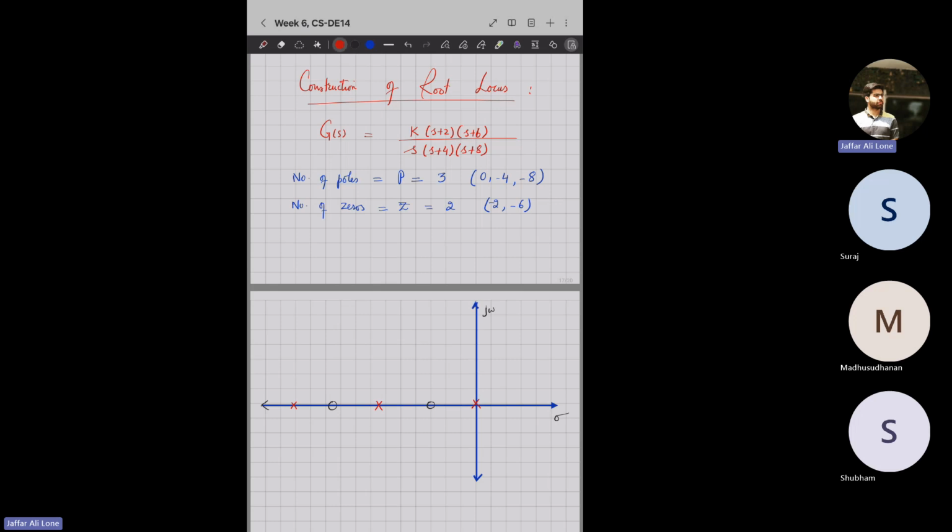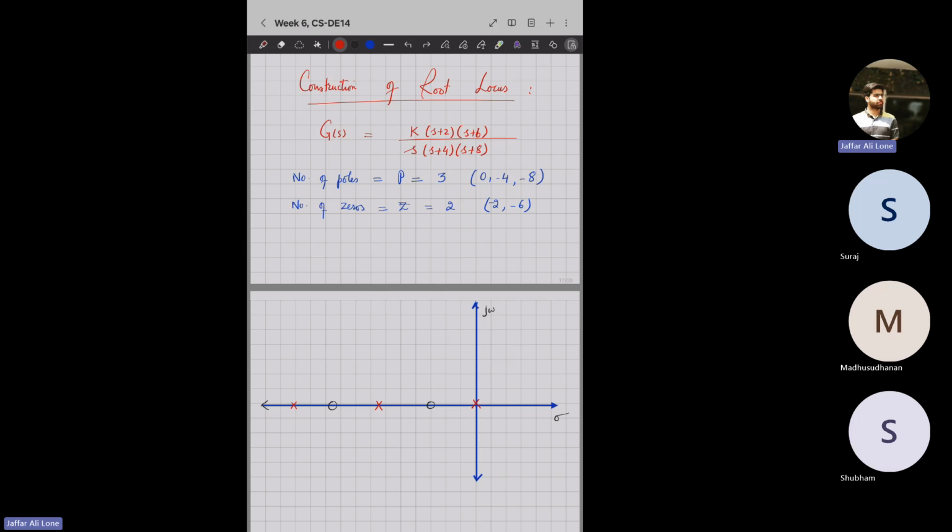Now let's see. I told you a root locus always starts from a pole and terminates at a zero. And one more thing: a point on the real axis lies on the root locus if the number of open loop poles plus the number of zeros on that axis to the right side of that point is odd.